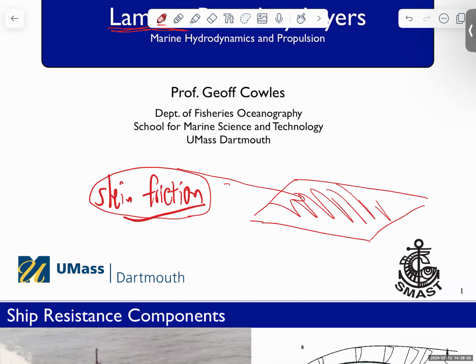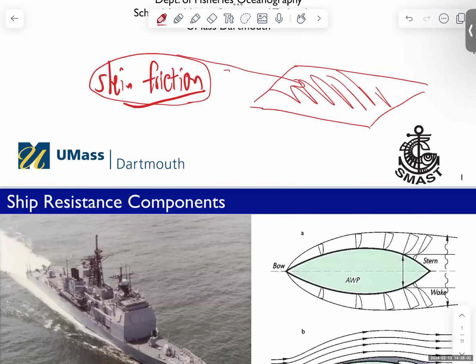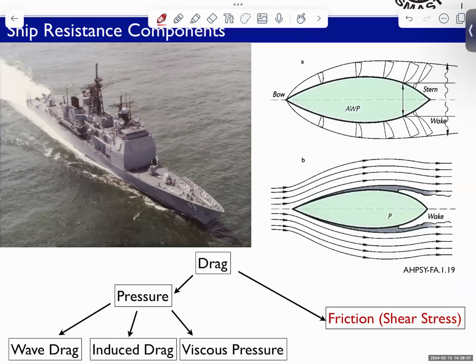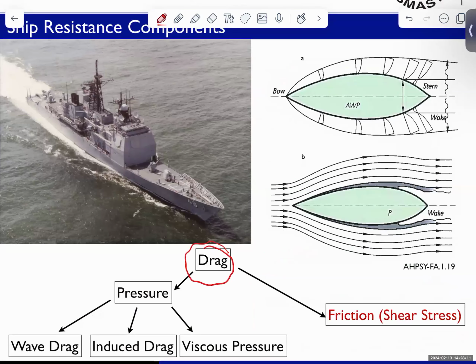So we've been talking about just dividing the idea of ship resistance into these four pieces. So here's the drag on the ship, total drag on the ship. There are three pieces that come from integrating the pressure field over the body, and that pressure integral is non-zero, resulting in a drag force. That will be the wave drag. Drag due to waves.